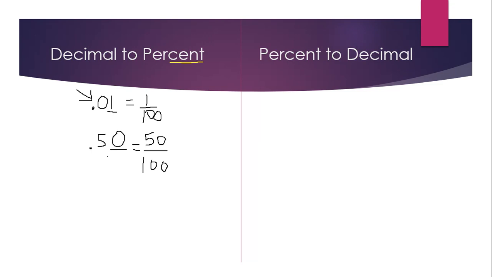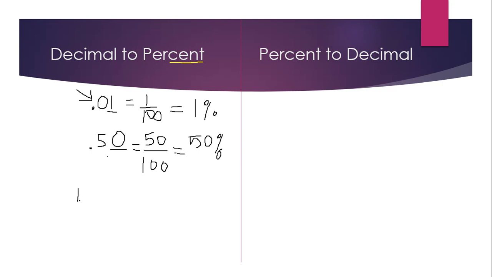That's half. 50 cents is half of 100. Okay, now if anything out of 100 is a percent, then that means, again, this is 1%. This is 50%. Okay, that's awesome right there. So 0.01 is 1%, 0.5 is 50%.